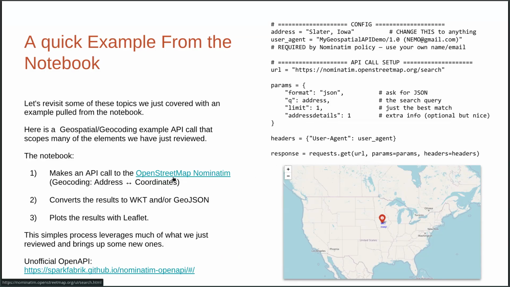In this case, this is OpenStreetMap's Nominatim, which is geolocating, right? So I put in my address up here, Slater, Iowa, and it returns geospatial coordinates that I then converted to well-known text and also to GeoJSON, just to do both paths, and then put that into Leaflet.